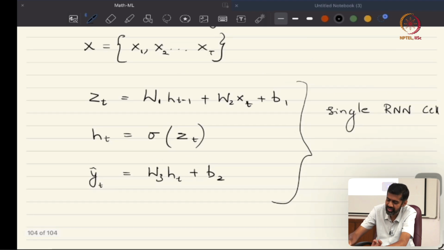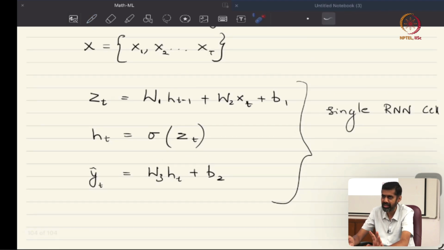Please note the equations, mathematically it is pretty simple. How do you get h0? h0 is initialized randomly. Now, zt, the pre-activation, is a linear function of the previous hidden state and the data, both scaled by some matrices, and W1, W2, W3 are what we are going to learn through ERM.